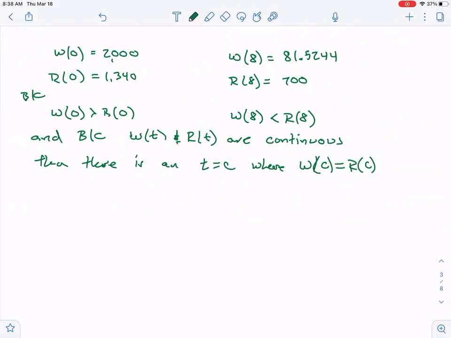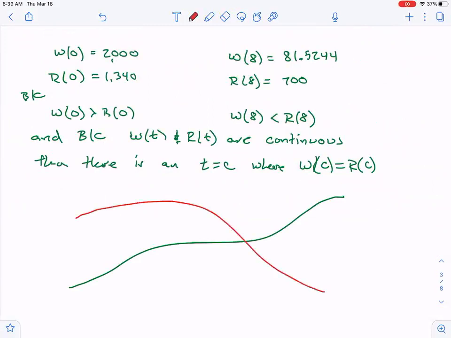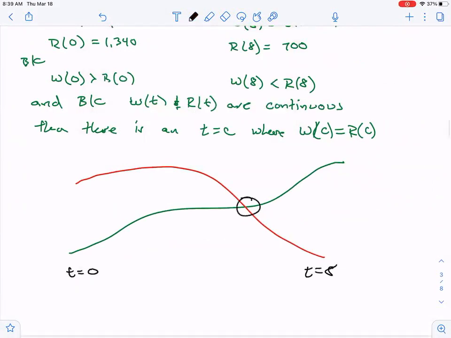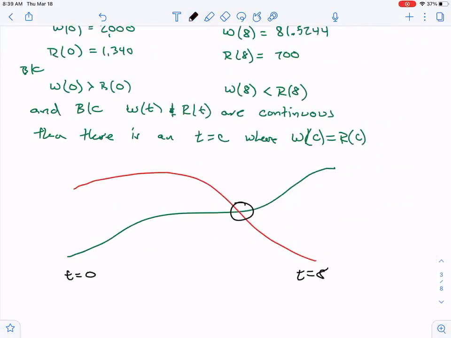Because we're saying, if I draw, let's say this is R at t, and this is W at t, it's because we're seeing this at time 0, and at time equals 8. That's basically what we're seeing. And because they're both continuous functions, there's got to be some point where they intersect, and so they're equal to each other.